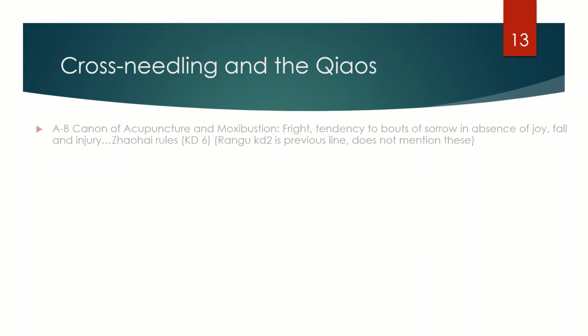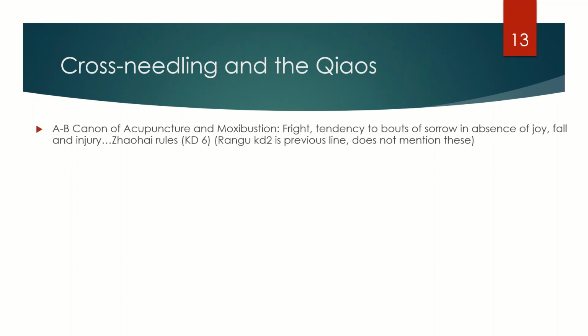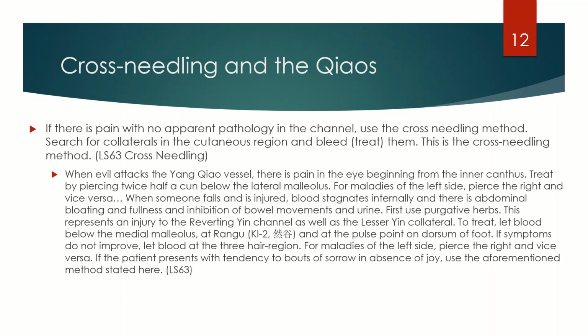And so why do I think that this is definitely talking about Zhaohai, even though basically no one says that? Well, the first thing is that at the top it already talks about the Yang Qiao vessel, and then right below it talks about the medial malleolus, so it just seems like it should be talking about Yin Qiao. But then also the AB Canon seems to agree with me, because for Zhaohai, or kidney 6, it says it's indicated for fright, tendency to bouts of sorrow, and fall and injury, which is exactly referring to this line that we just discussed.